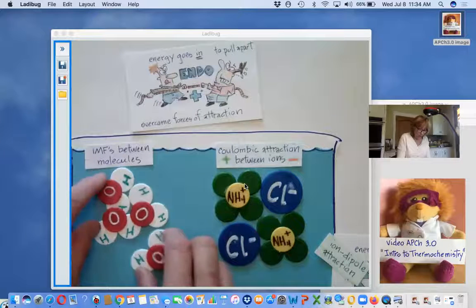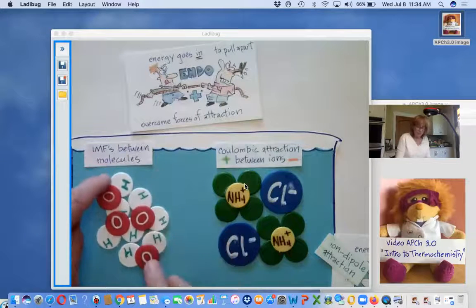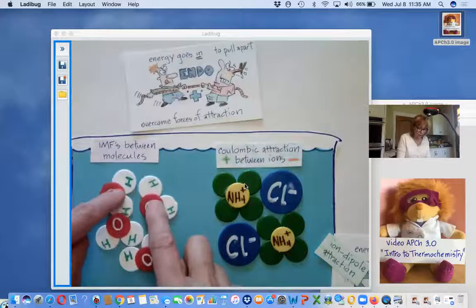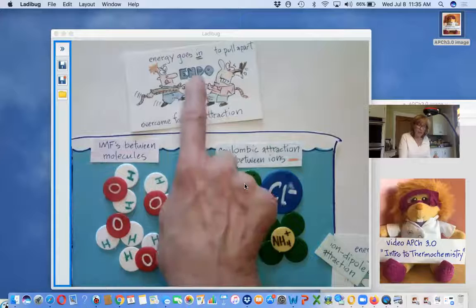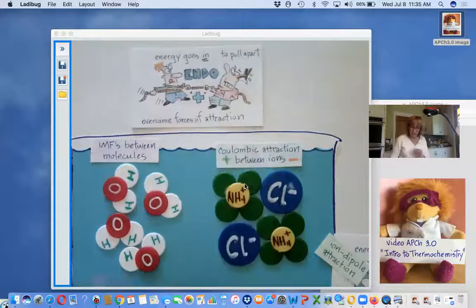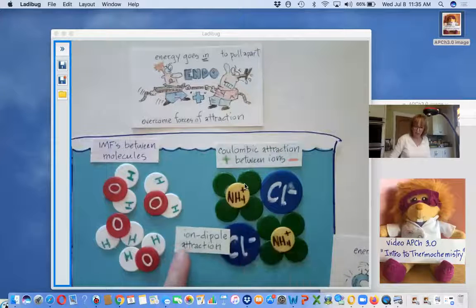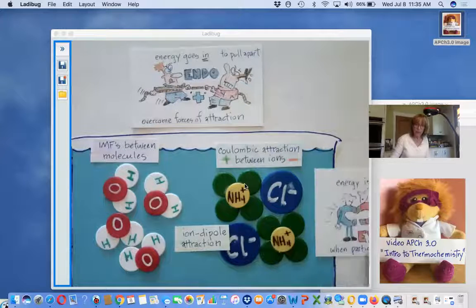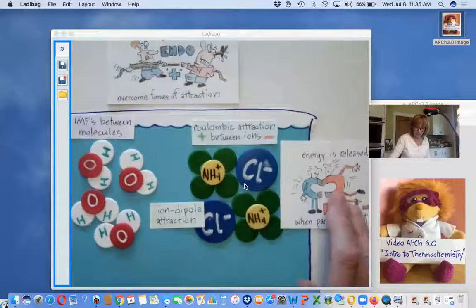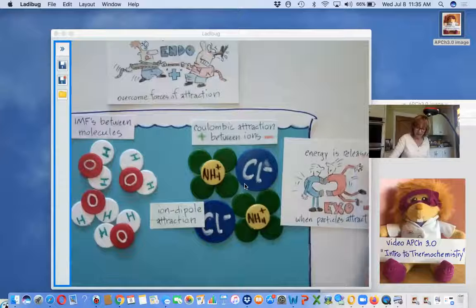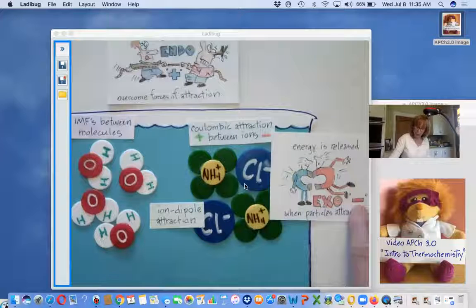Meanwhile, we've got my water over here, held together tightly with IMFs, intermolecular forces, and those waters are going to have to pull apart from each other. That will be another positive number. And then we're going to let the ions and the dipoles attract each other, and that process will release energy. Whenever particles attract to each other, energy is released. It's an exothermic process. It has a number value that is negative.